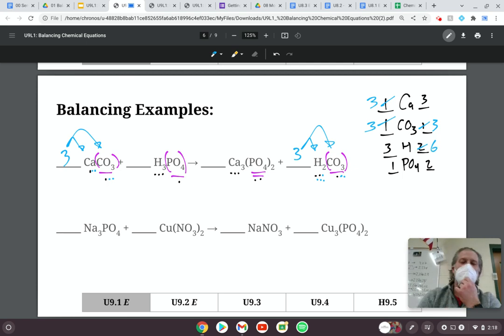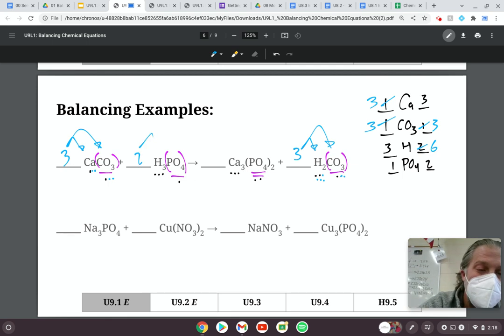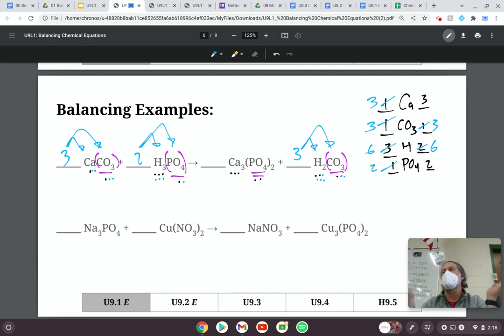So going from left to right and checking, my calciums are still balanced, my carbonates are balanced, my hydrogens are not. So I'm going to add a coefficient of 2 here, which will distribute itself here and here. And so now I will have 6 hydrogens, 2 phosphates. Everybody's happy. All is right in the world. Going to put a 1 there because I don't like the way that looks by itself. Call it a day.